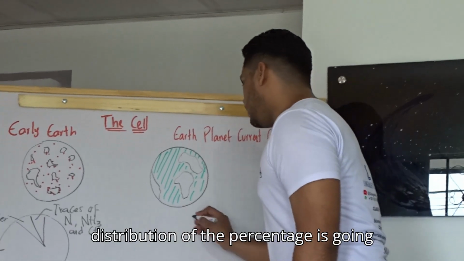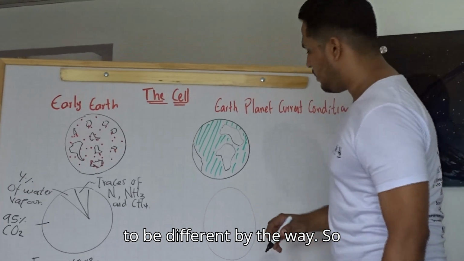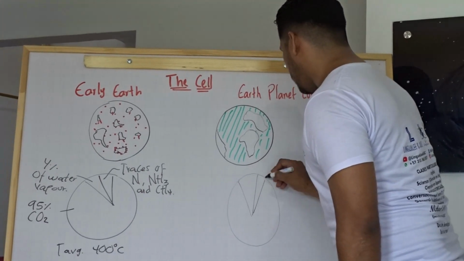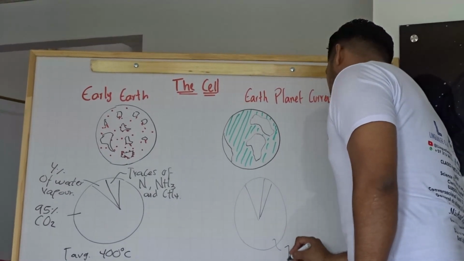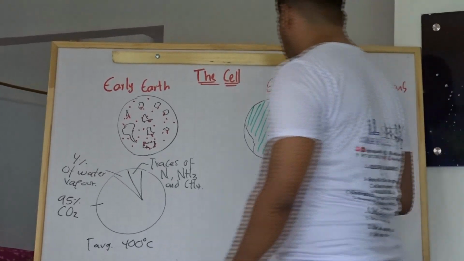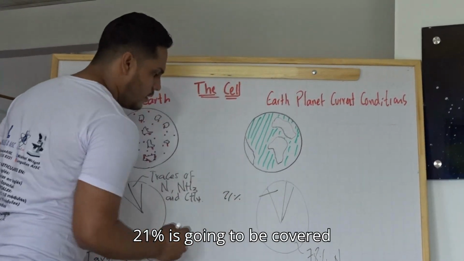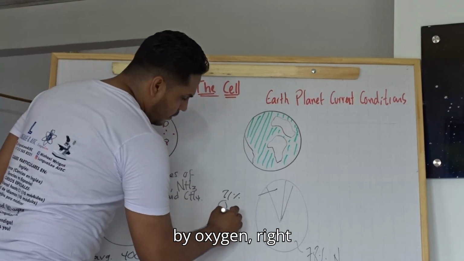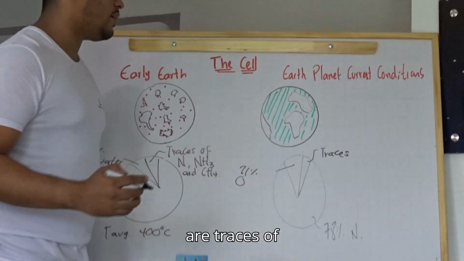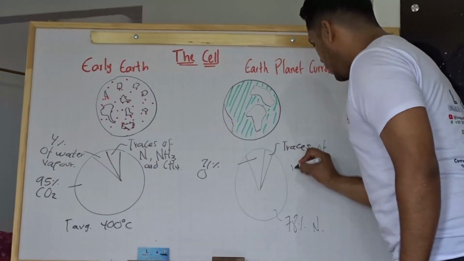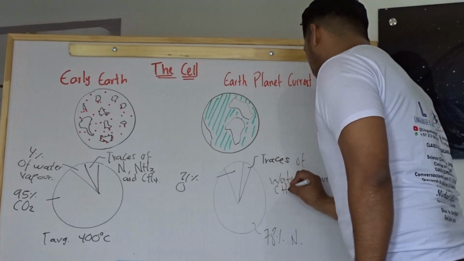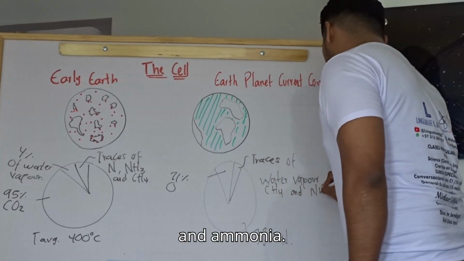The distribution of the atmosphere is different: 78% nitrogen, 21% oxygen, and the rest are traces of water vapor, methane, and ammonia.